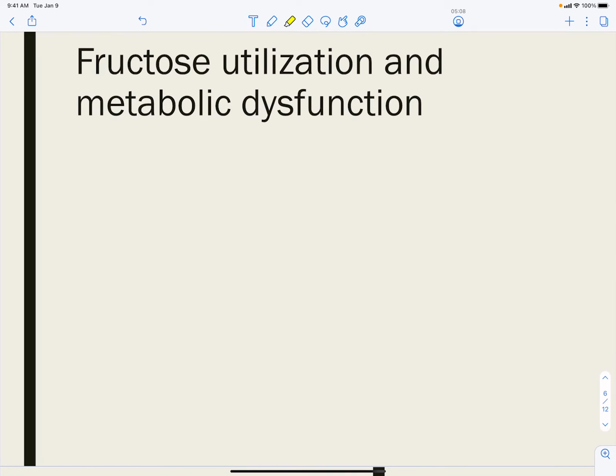Now, the consumption of fructose, high fructose corn syrup, has been correlated with the development of diabetes, obesity, and metabolic syndrome.